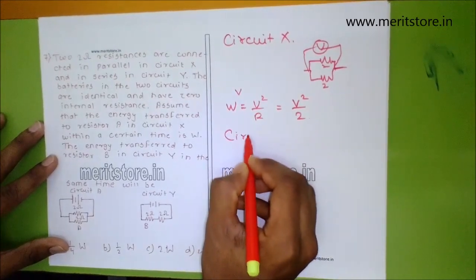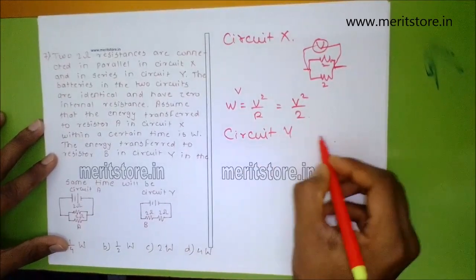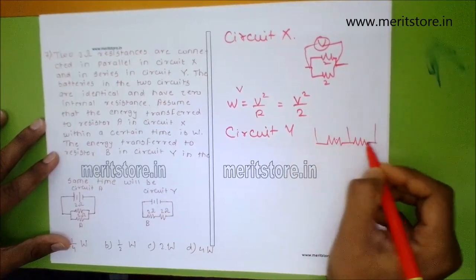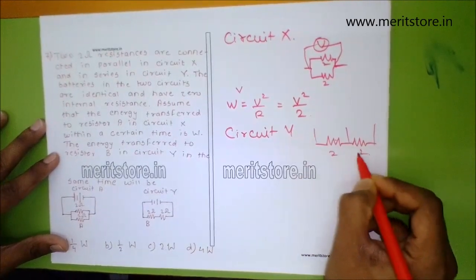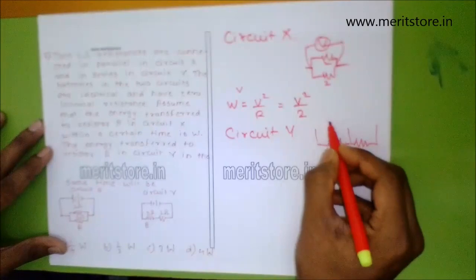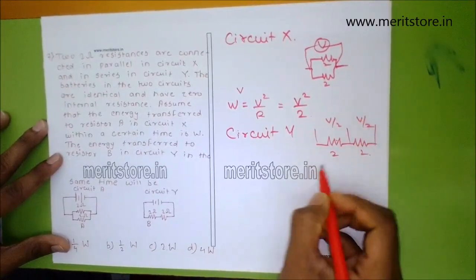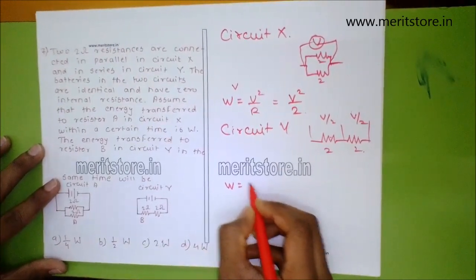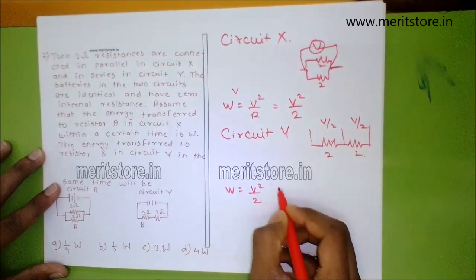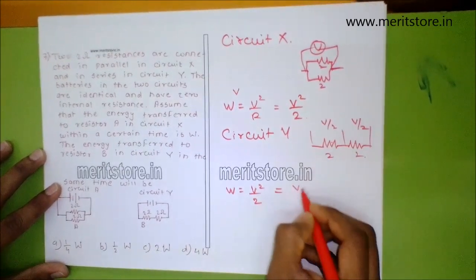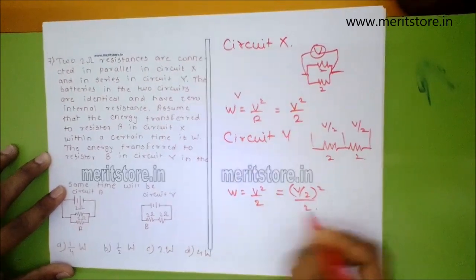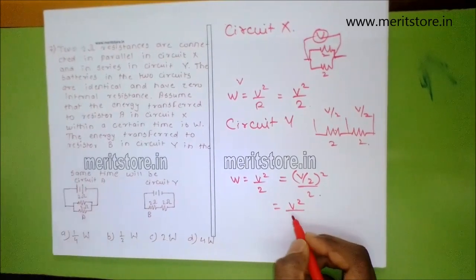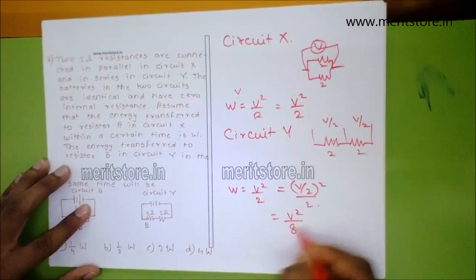For circuit Y, both the resistances are in series, hence the potential difference across them would get divided, and since the value of resistance is equal, the potential difference gets divided as half into V by 2 and V by 2. Here the formula for power would be V square upon 2, which can be written as V by 2 square, which is V square upon 8.